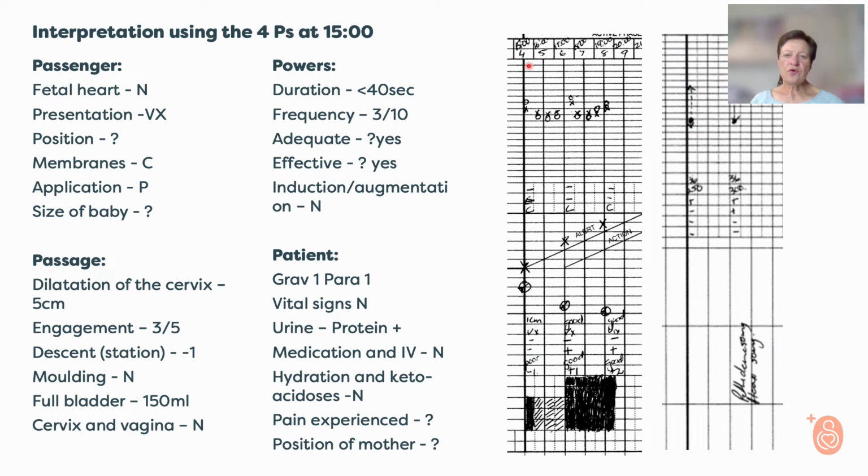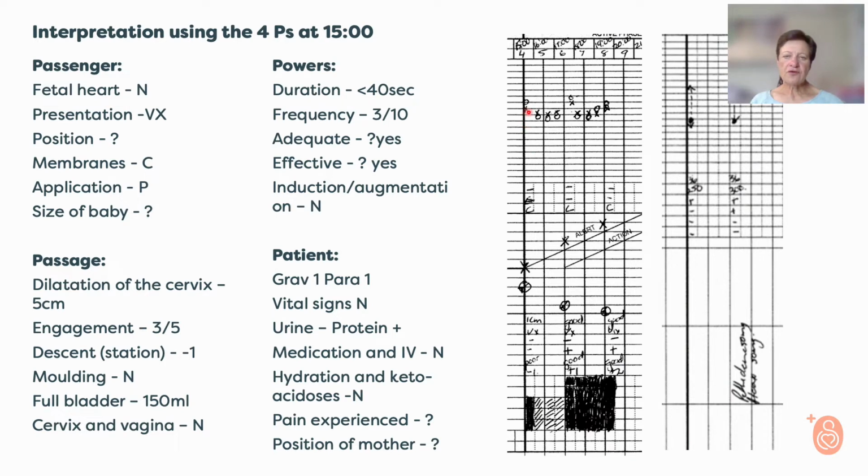Now, if we look at all the assessments that have been done here at 3 o'clock, we have to look at all of it in relation to each other, according to the 4 Ps, and then again come to a conclusion and decide what we are going to do with this patient. Now again, when we look at the passenger, we see that the fetal heart is normal.